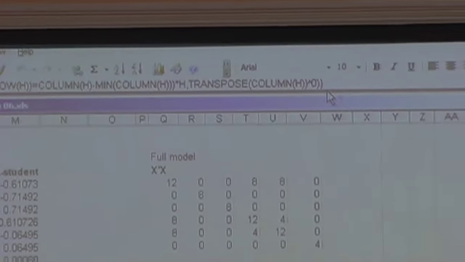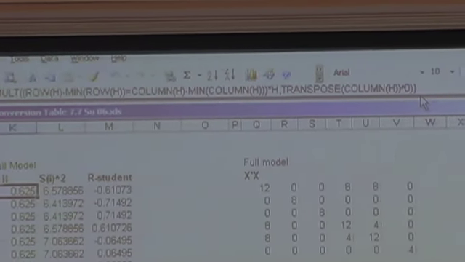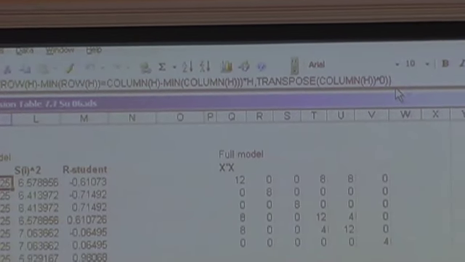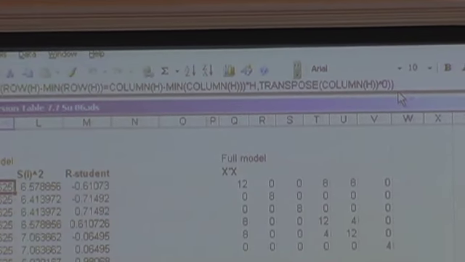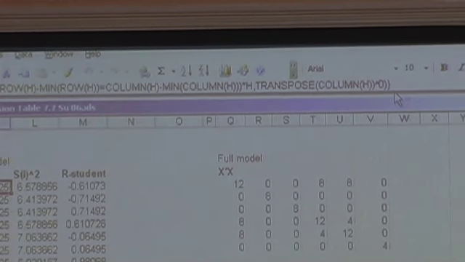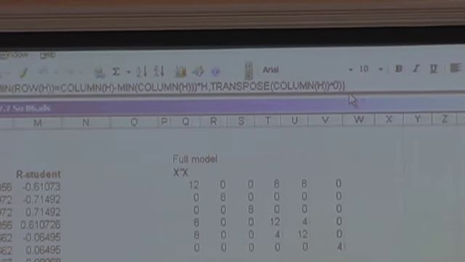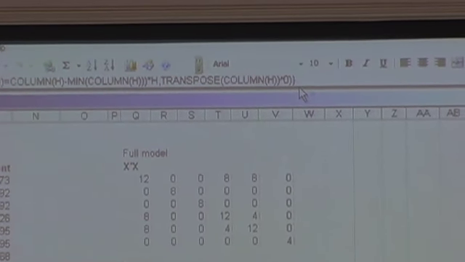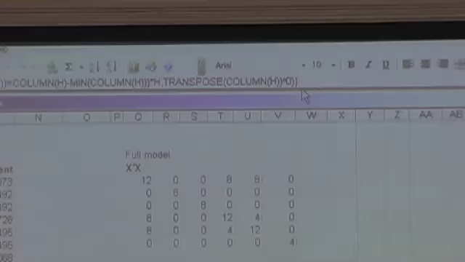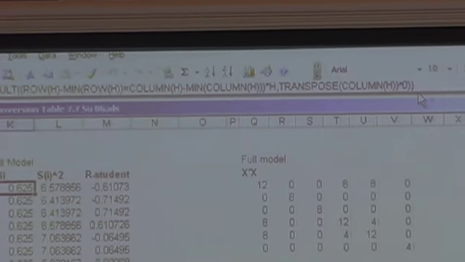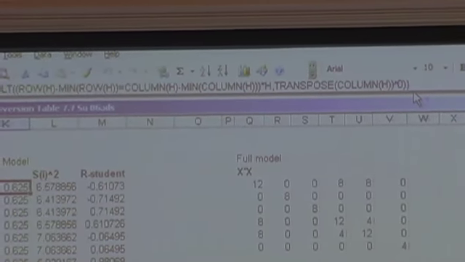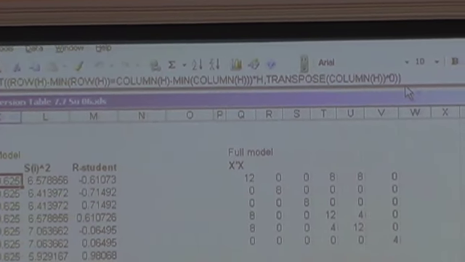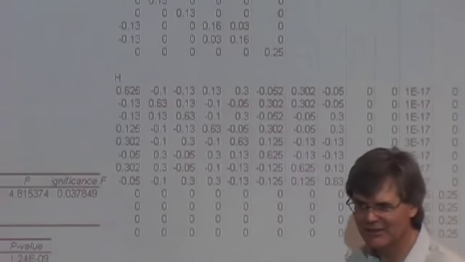What's going on there? It says row of H minus the min row of H equals the column of H minus the min column of H, star H. Gives you the position in the matrix. It says that the row has to be equal to the column relative to where the row started and the column started, because the row of H is a number referring to where the actual thing is in the sheet.